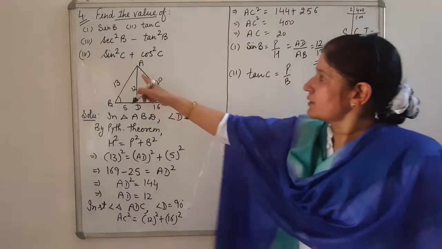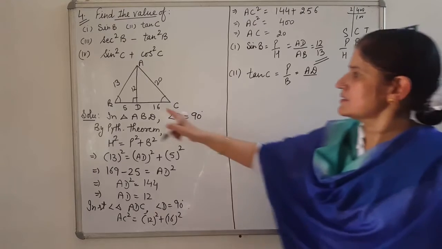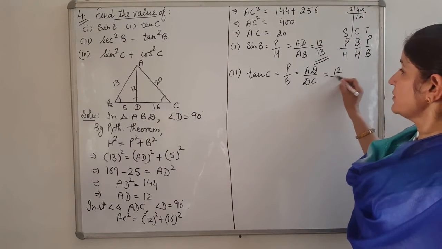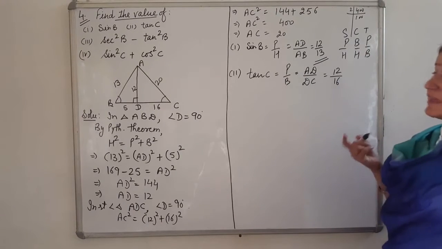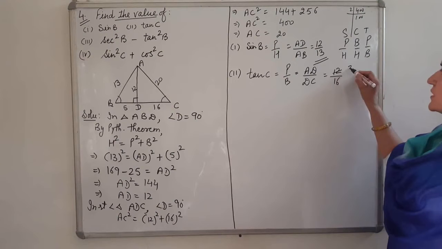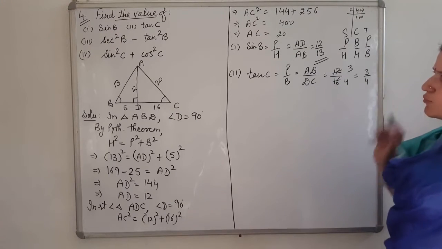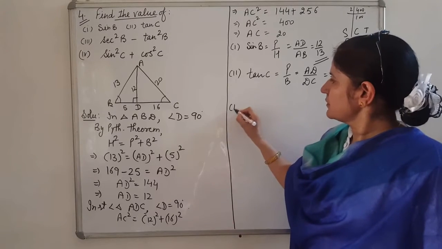So perpendicular AD and base DC, means 12 upon 16. You can reduce them to lowest terms if they are divisible by the same table. So 4 3s are 12, 4 4s are 16. It gives us 3 over 4.